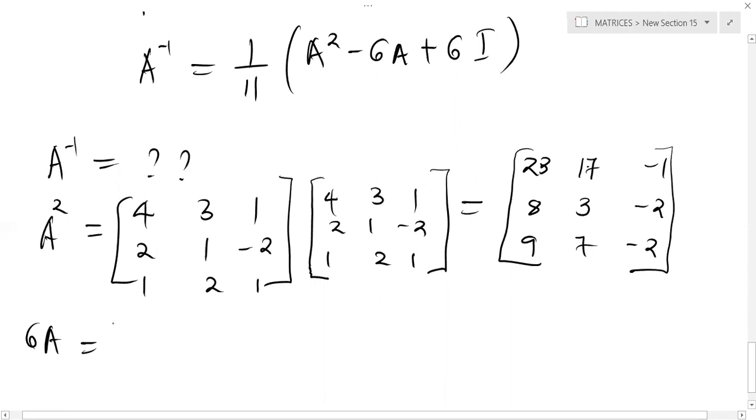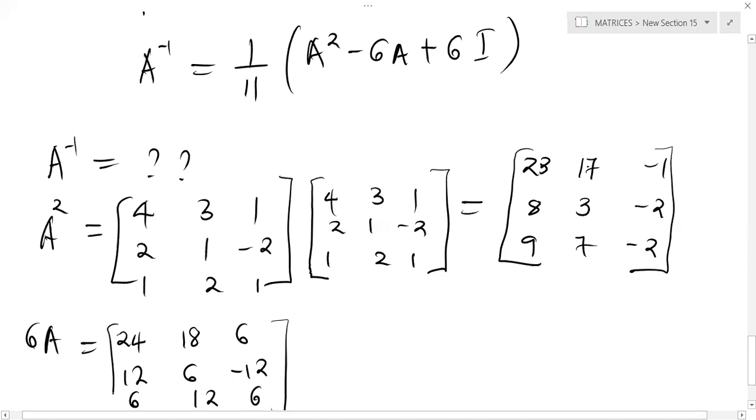so we can just have minus 6A so that we add, or just have 6A, we will subtract. So 6A is 24, 18, 6, 12, 6 minus 12, 6, 12, 6.